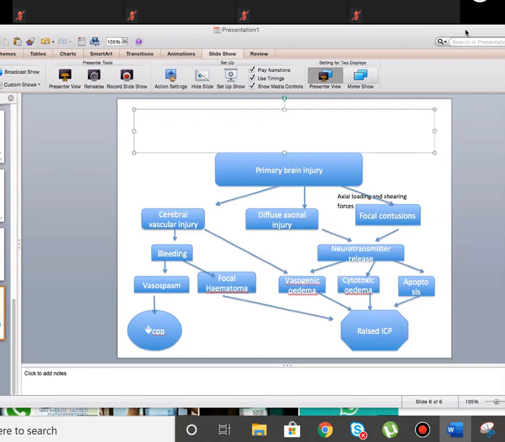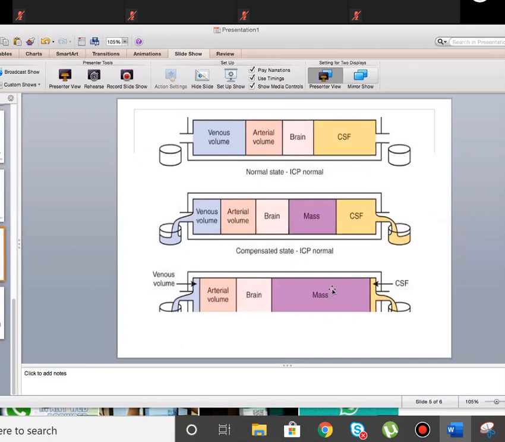Then there's another pathway. Because of primary brain injury, there will be damaged blood vessels, which will cause bleeding and a focal hematoma. So there will be a blood clot inside the cranium, and because of that there will be increase in ICP, like this one. This is a normal one.